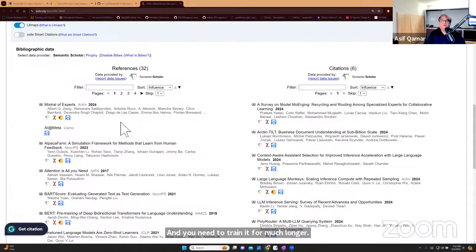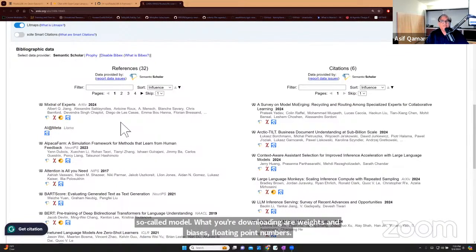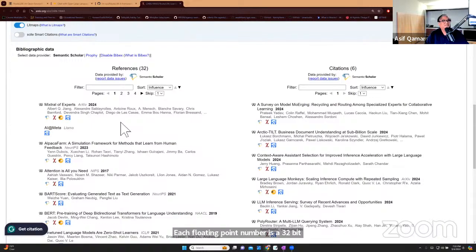So the bigger the model you have, now in practical terms, there is a simple rule. Every time you download a model, what you're downloading are weights and biases, floating point numbers. Each floating point number is a 32-bit variable.